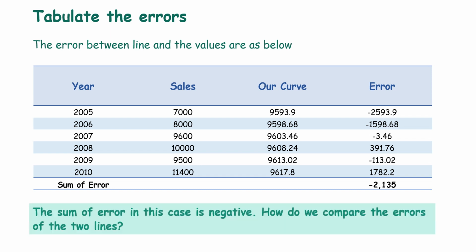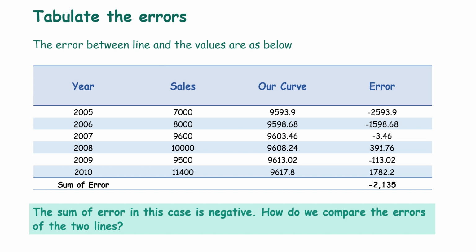It's pretty confusing, right? It's quite tough to say whether this line fares better or that line fares better. But of course, you could say that this number on an absolute level is lesser than the error on the other line.